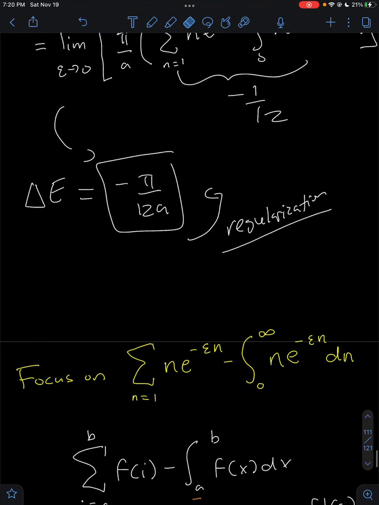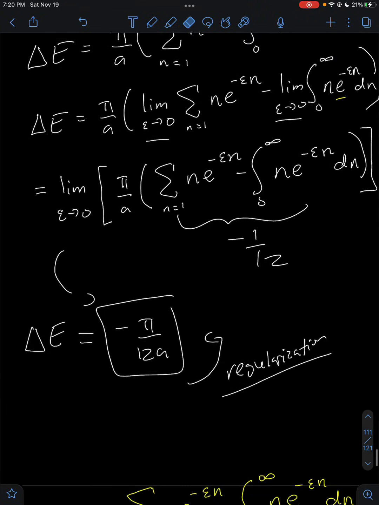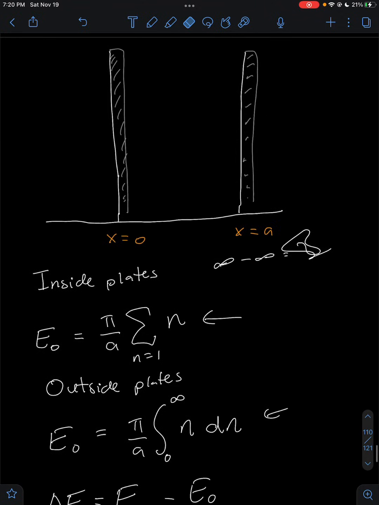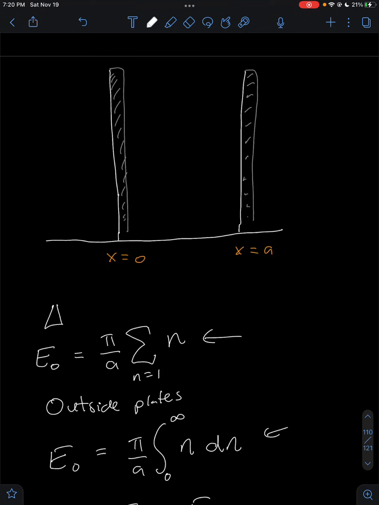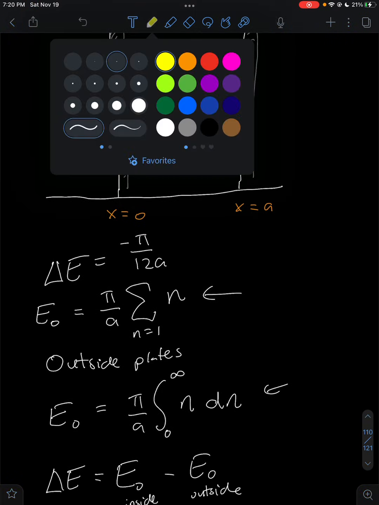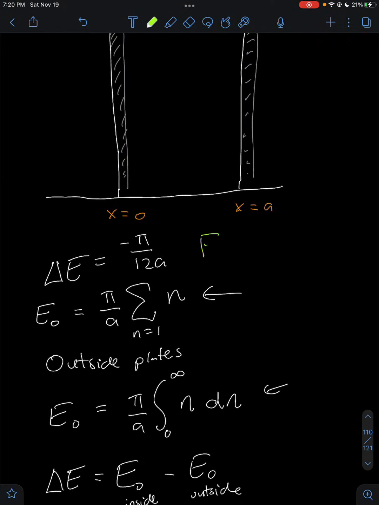So since the change in the energy is just going to be minus pi over 12a, let's go all the way back to our plates. Let's erase some of these things. The change in the energy is going to be minus pi over 12a. What's the force going to be? Well, the formula for force in this scenario, let's use green, is the negative of the partial derivative of the energy with respect to a.